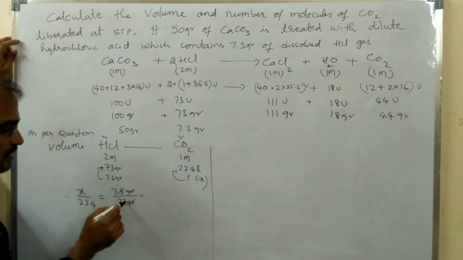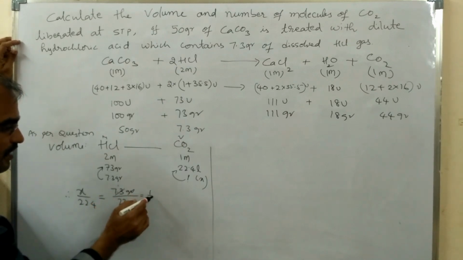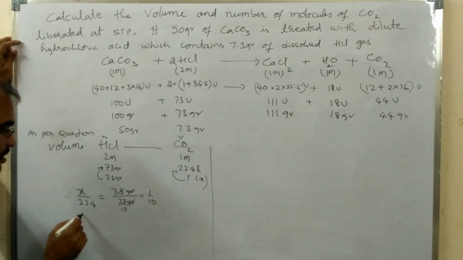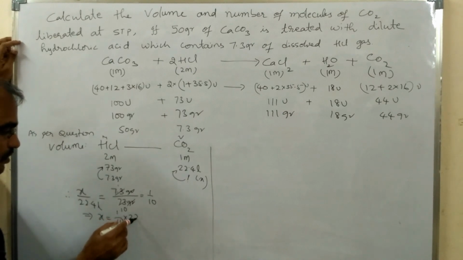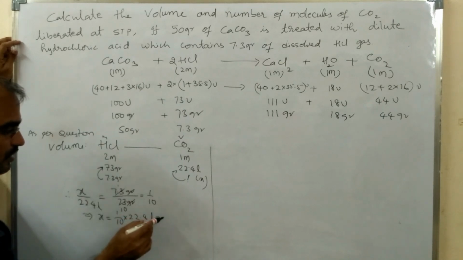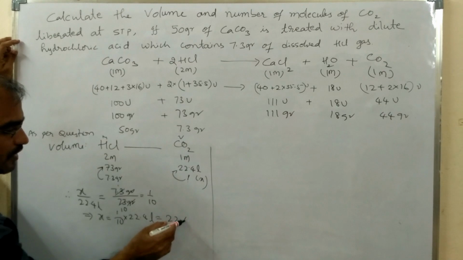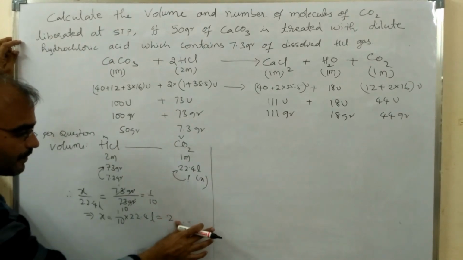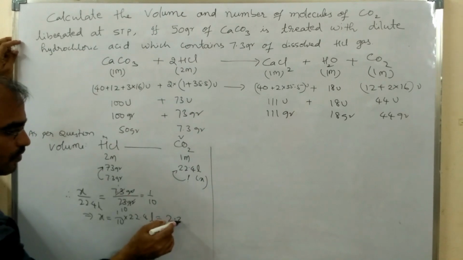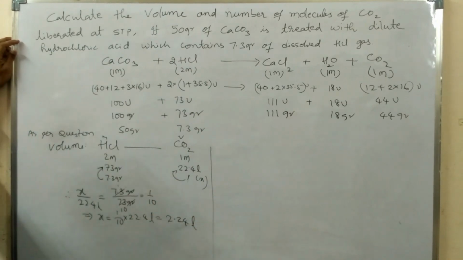So this is ones, this is tens. 1 by 10. Implies X is equal to 1 by 10 into 22.4 liters. Nothing but one decimal point to the left: 2.24 liters of CO2 gas will be liberated.